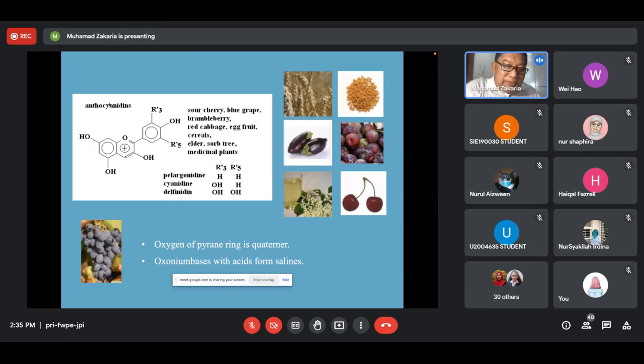It is very good because they have found that anthocyanidin, when taken regularly, helps to reduce blood pressure. So people with hypertension can take some colored fruits to reduce blood pressure.